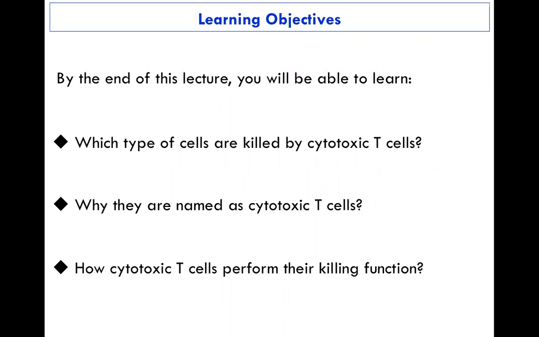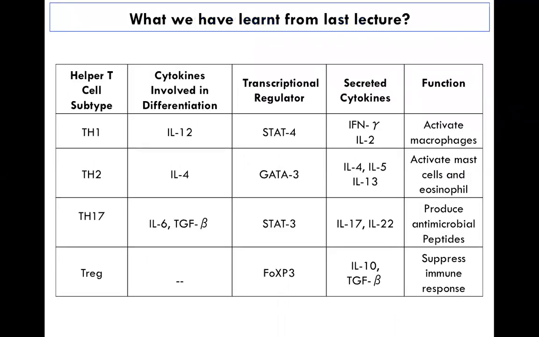So if you look here, after explaining the previous lecture, as we know, there are two types of T cells: helper T cells and cytotoxic T cells. In our last lecture, we discussed the functions and even the differentiation of helper T cells.